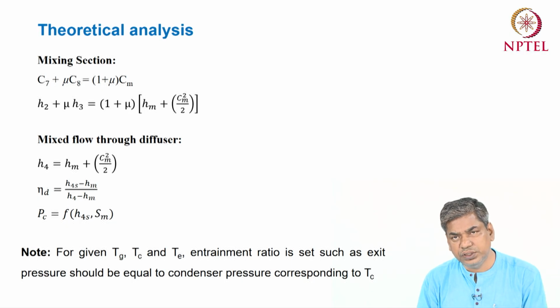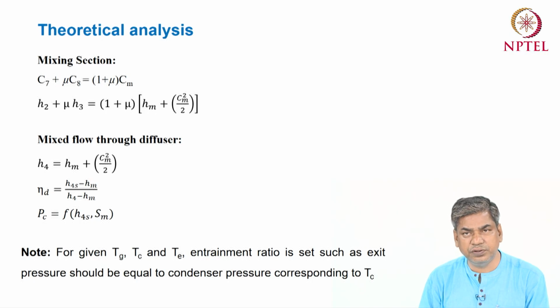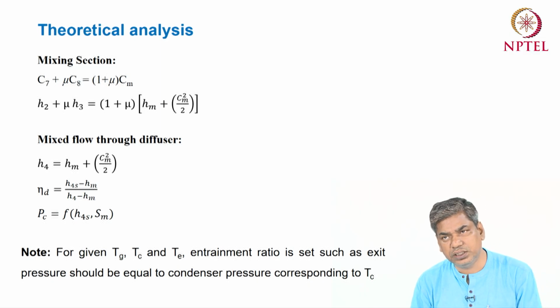Then we can use this second equation, the diffuser efficiency, to calculate the enthalpy after the isentropic compression process in the diffuser. Then H4S, and SM is equal to S4S.